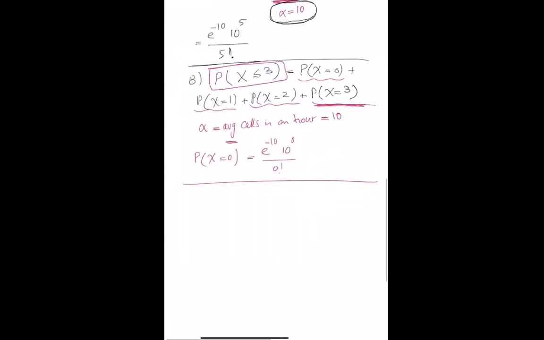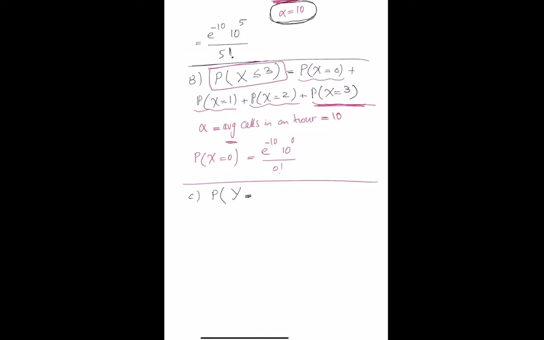Now let's look at part C. What is the probability of exactly 15 calls in 2 hours? I'm going to pick a different random variable, y, because here we are looking at the number of calls in 2 hours. That's why I picked a different notation.